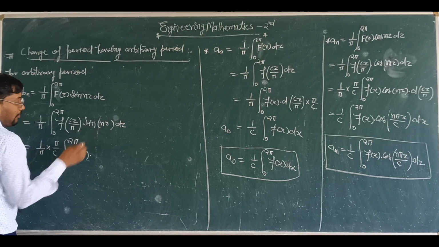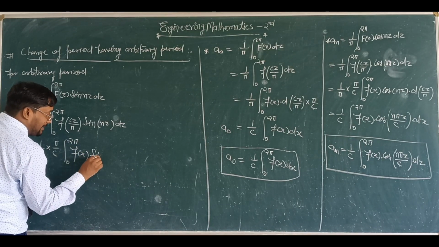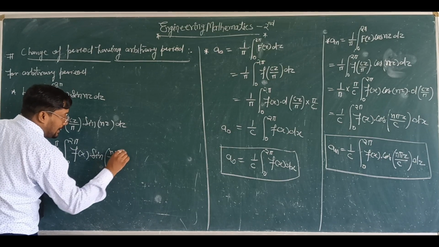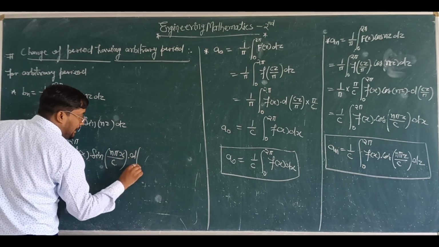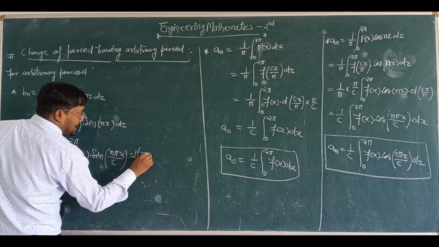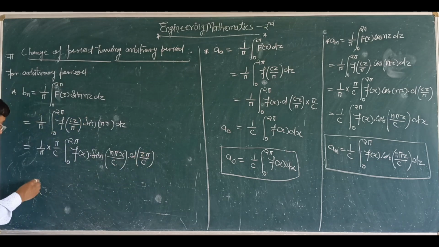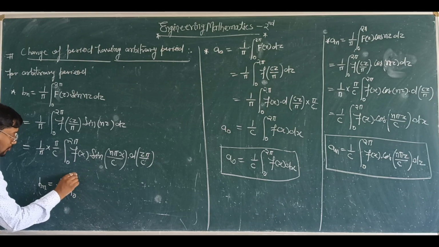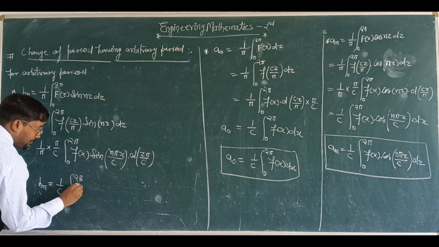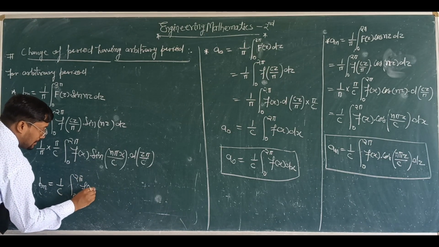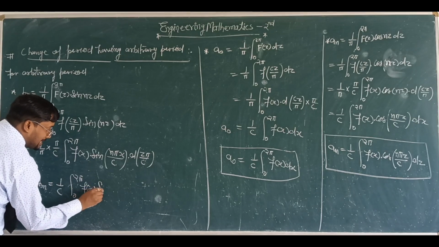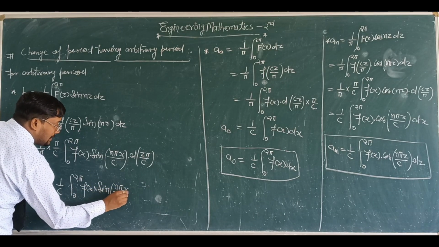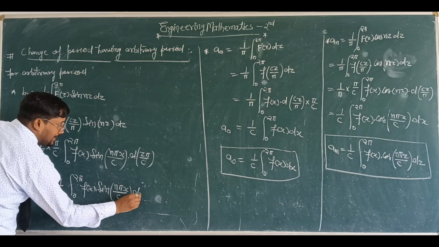Now put the value of z, you can write sine n pi x upon c into dz, pi upon c. You can write the value of bn is equal to 1 by c integration 0 to 2 pi f(x) into sine n pi x upon c into dx.